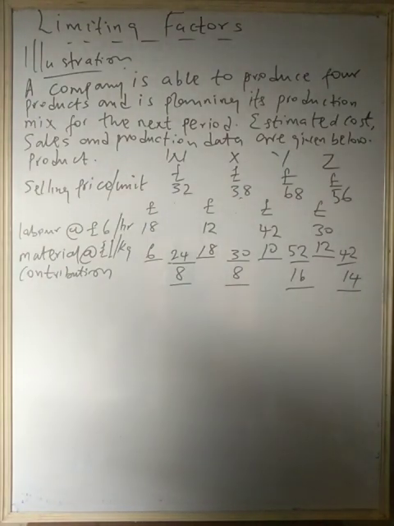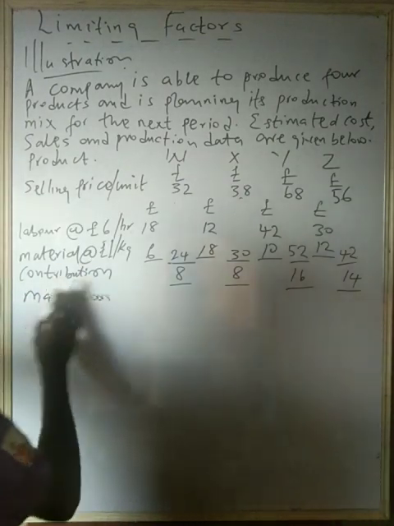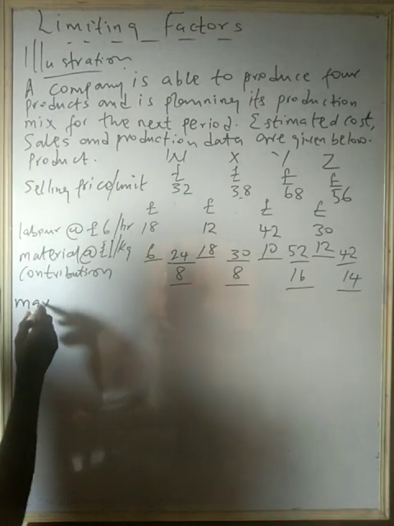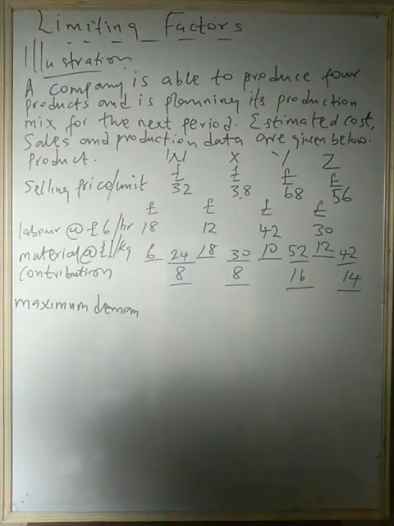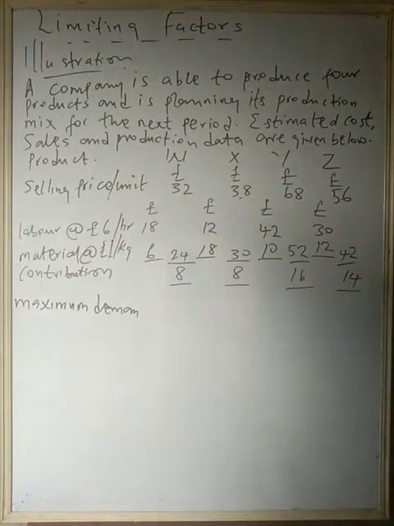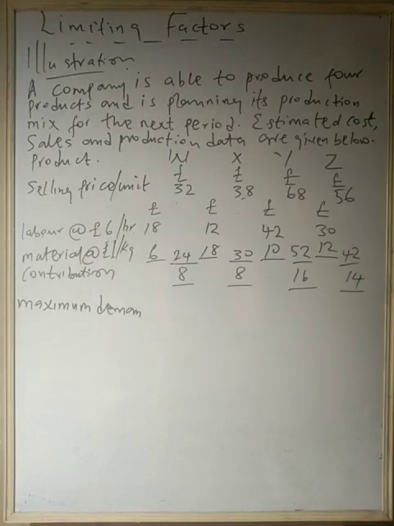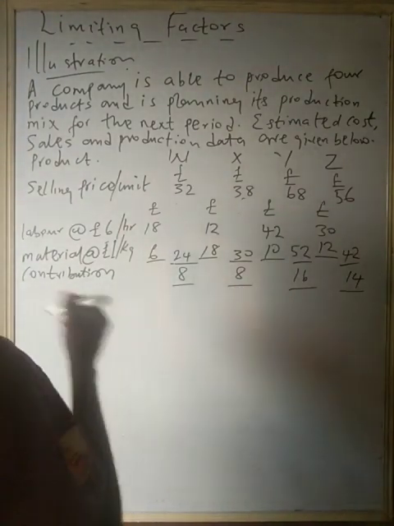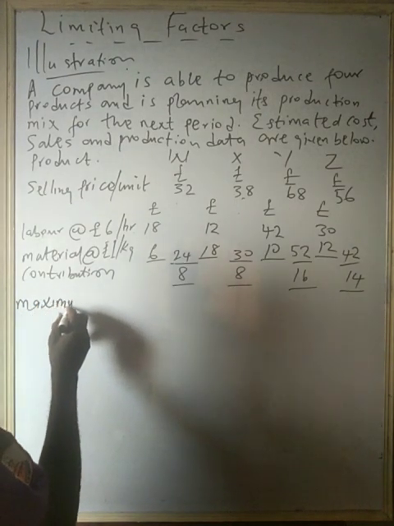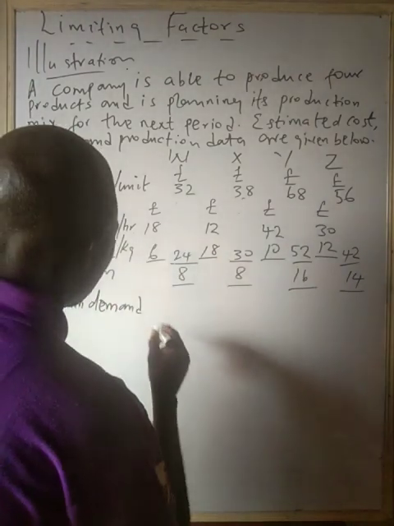The question now says maximum demand per product, each at 5,000 units.